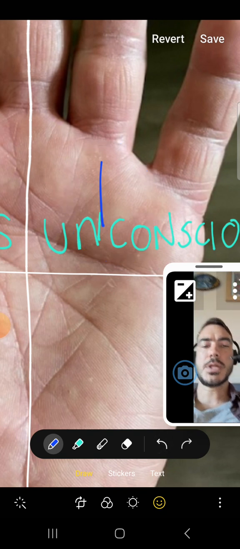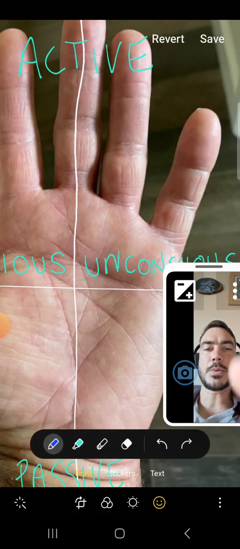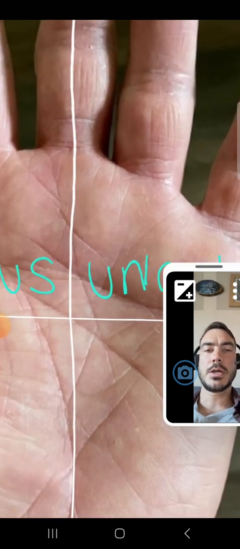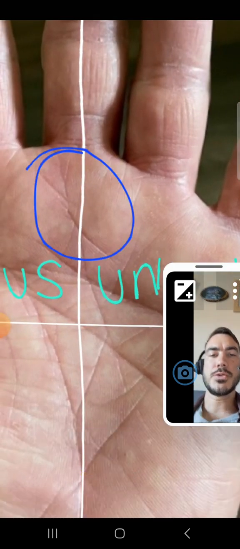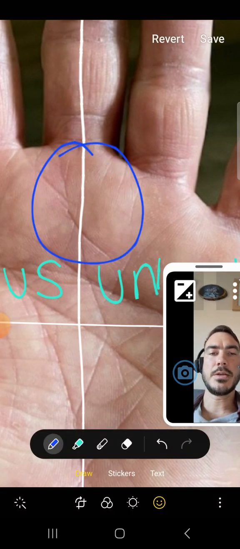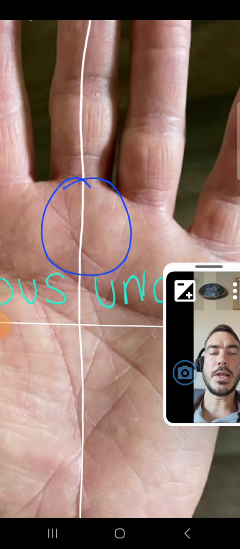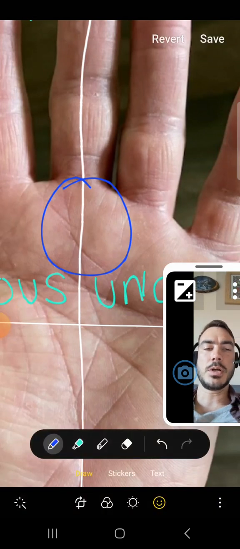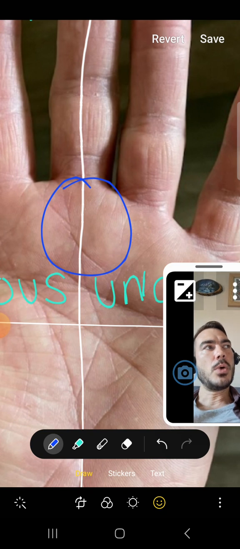So I say half of Saturn, and it's interesting that the palm is divided. It runs straight through the Saturn mount. So this half of Saturn here is the half that's relating to the way we think about our morals and our ethics, because Saturn is about hard work.